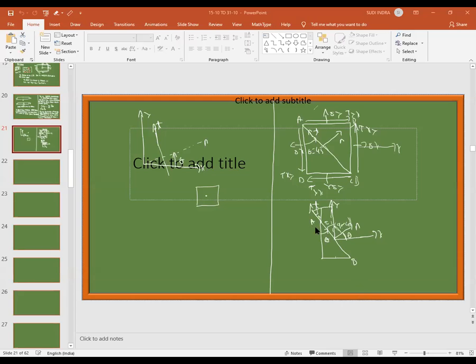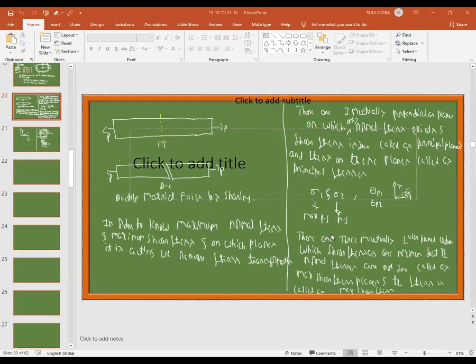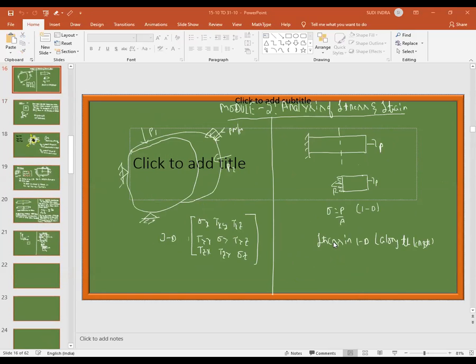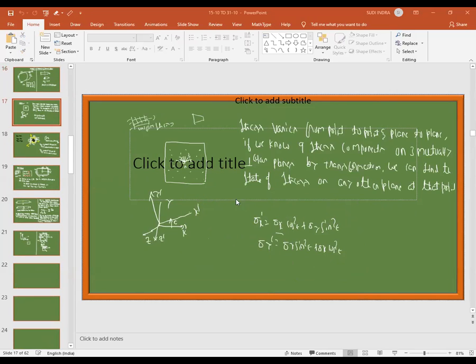I stopped at this point. We have discussed, starting from state of stress, 9 stress components. In one dimension, stress is uniform, and only sigma x comes into picture. When you take a body, there are infinite number of points, and at each point, I can pass infinite number of planes.